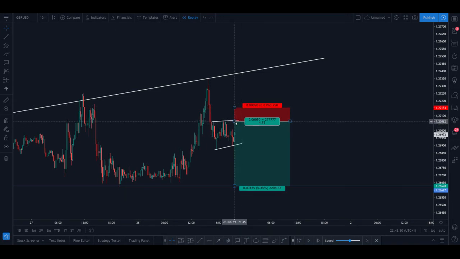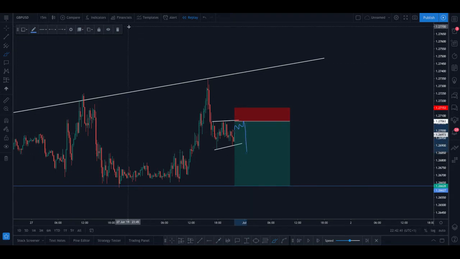Also, this looks like a nice opportunity, which I already mentioned. We can get that nice ascending formation hitting the double top, and then we get the impulse and move to the downside. So we shall wait and see how that fares.